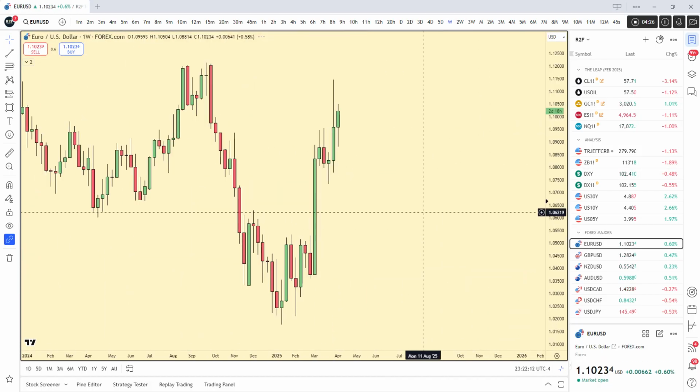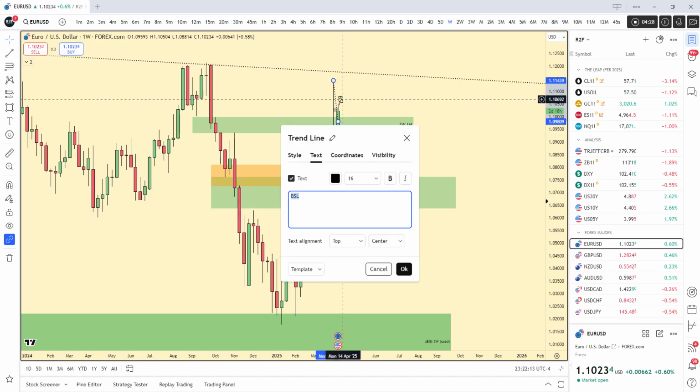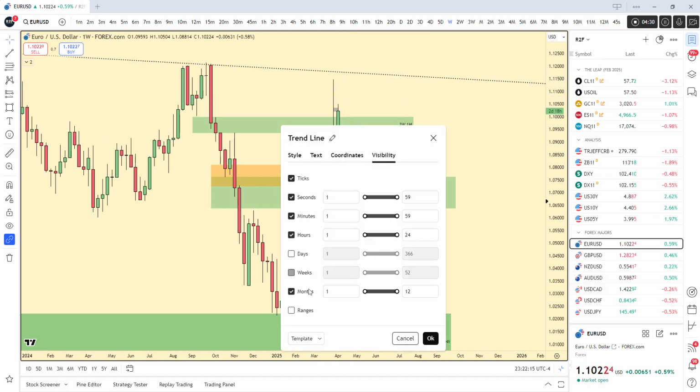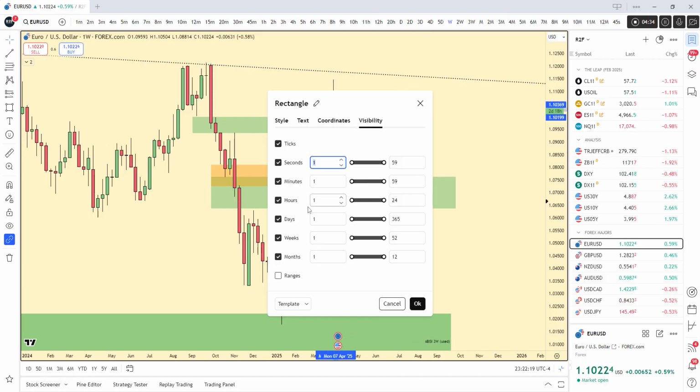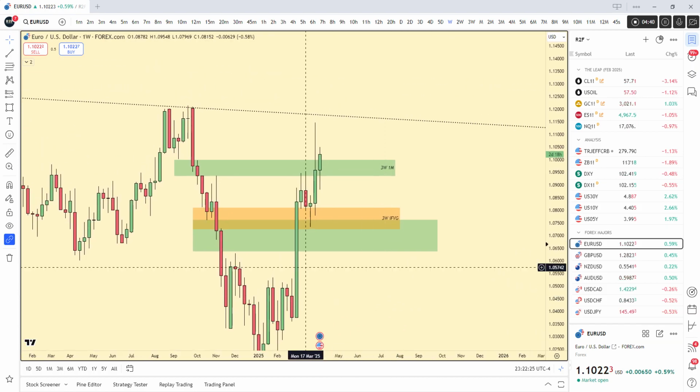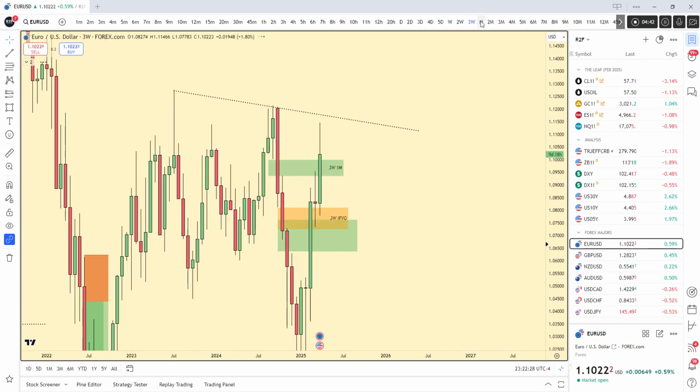The most correlated, euro. Sorry for the chart. Need to clean it up a bit. Okay. 3 week. Yeah. So we had a 3 week gap, came down into it, created this. It's currently an order block, and I believe it will stay that way.